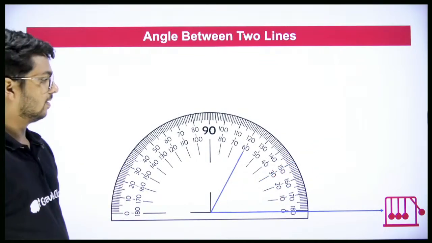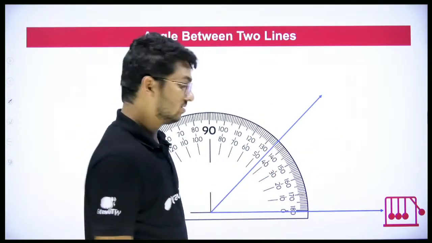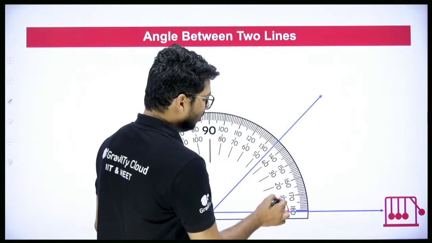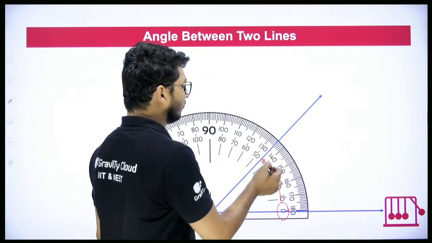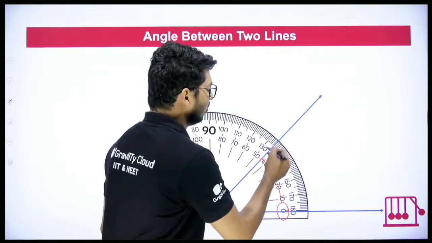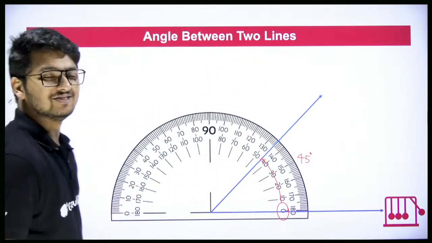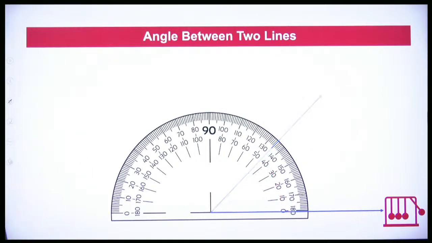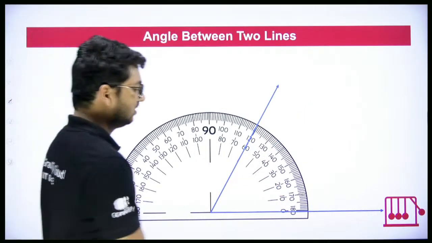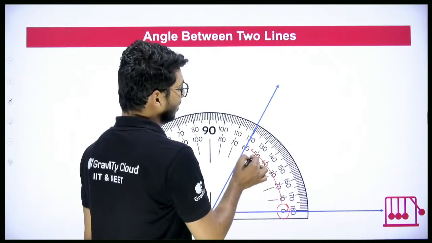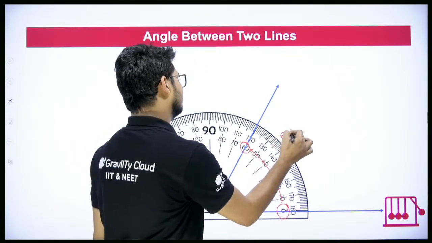Got it? If I take these two lines, we are starting from 0, but we are going to where? Between 40 and 50, and if you count the divisions, you will get that as 45 degrees. Then here, see, 0 to what? 60 degrees.